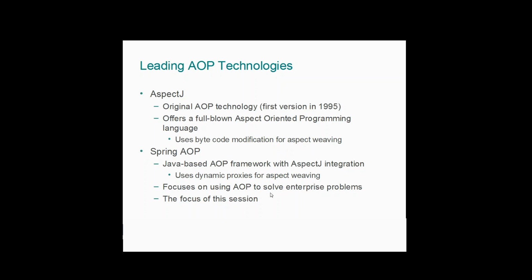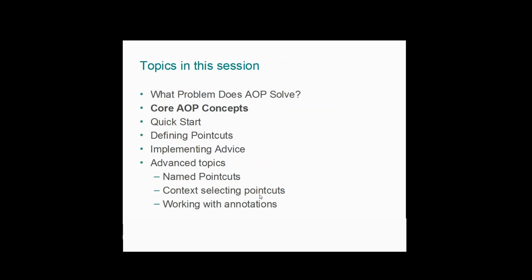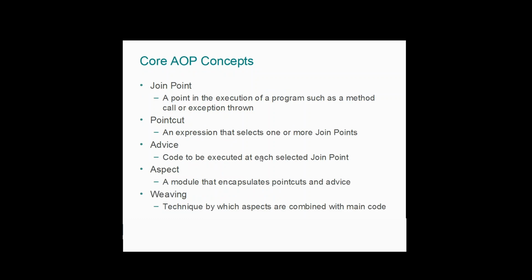So in this session, we'll focus on how to solve enterprise application problems using Spring AOP. Before getting into an example or how to set up, we'll try to understand a few concepts in AOP. The first one is the join point. So what is a join point?